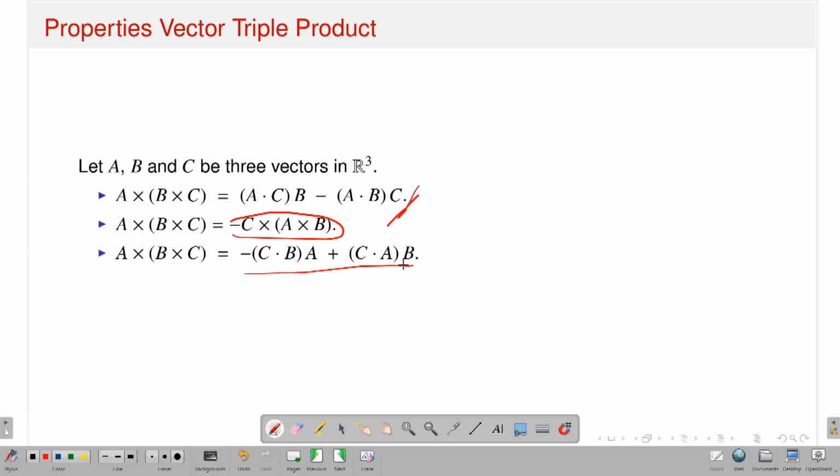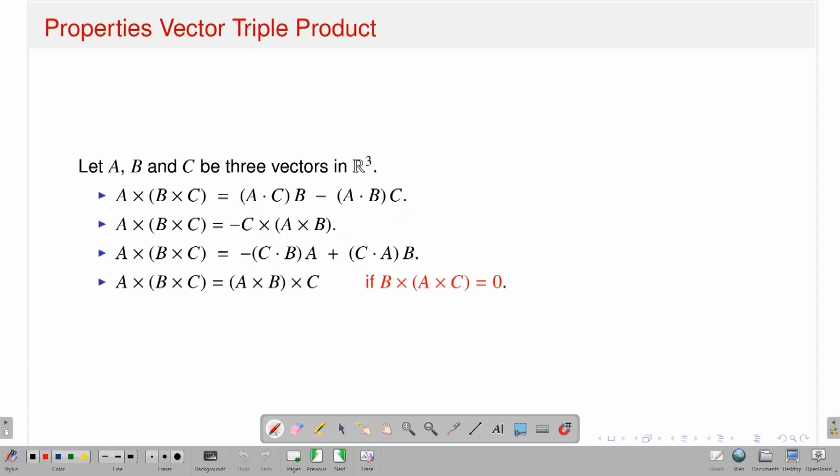A cross B cross C is equal to minus of C dot B with A, this scalar multiplication, that is C dot B is a scalar multiplied with this vector A, plus C dot A is a scalar which is multiplied with the vector B. So, A cross B cross C is equal to minus C dot B scalar multiplied with A plus C dot A scalar multiplied with B.